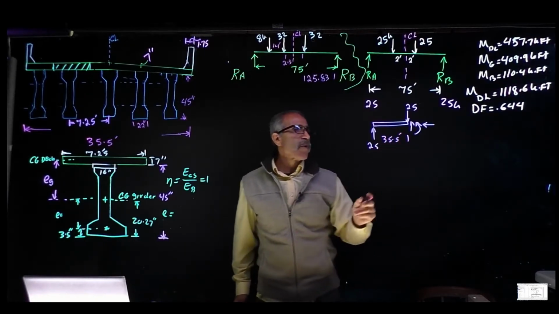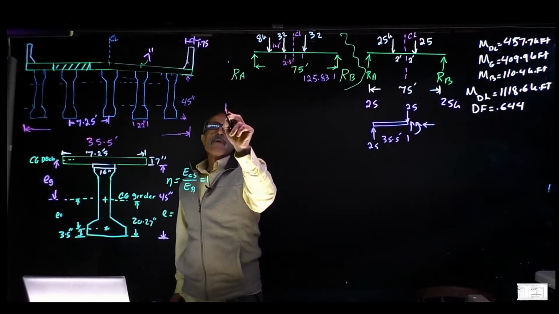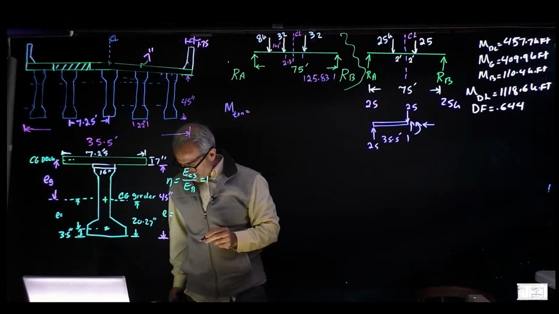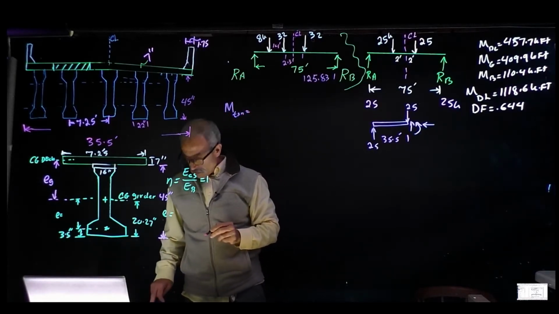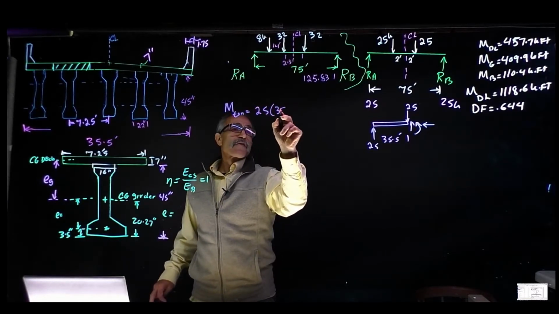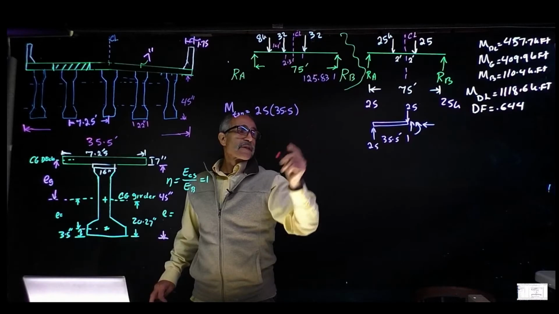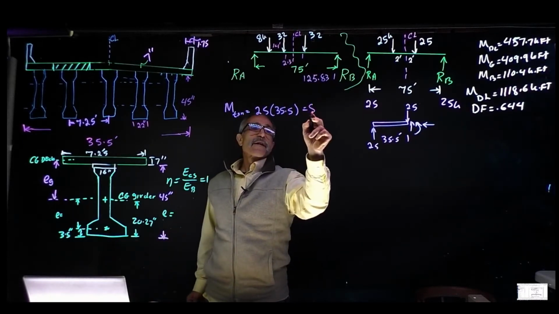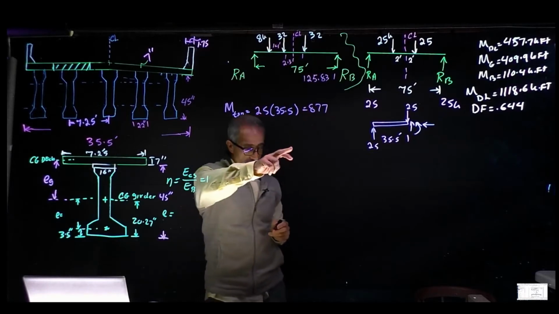And so my moment for the tandem is equal to 25 times 35.5. That's it. There's nothing else in the way. And really that comes out to 877.